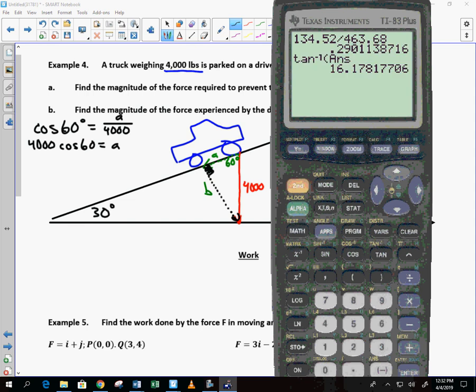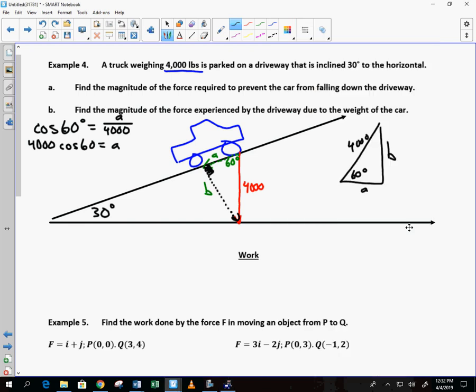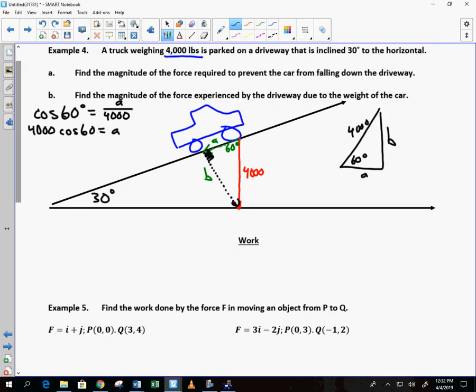Everybody here knows that the cosine of 60 is 1/2. And 1/2 times 4,000 is 2,000. So A is equal to 2,000. How do we find B? Pythagorean theorem or which trig function?